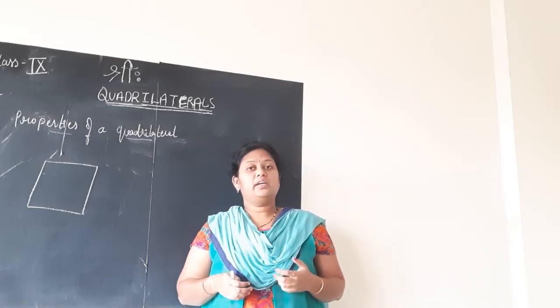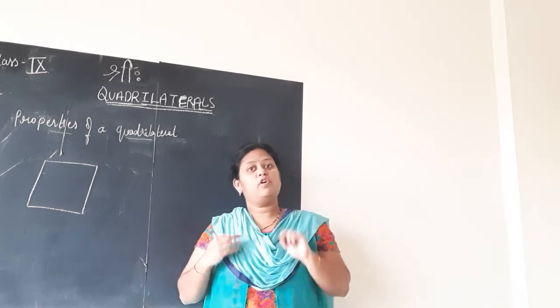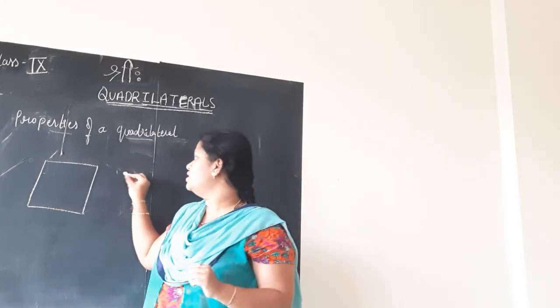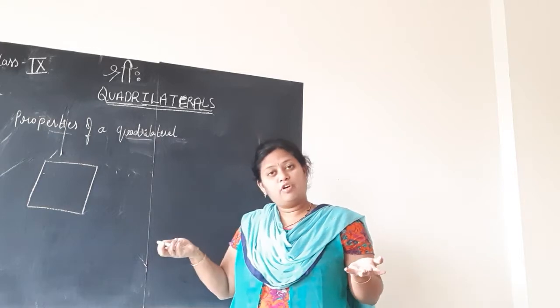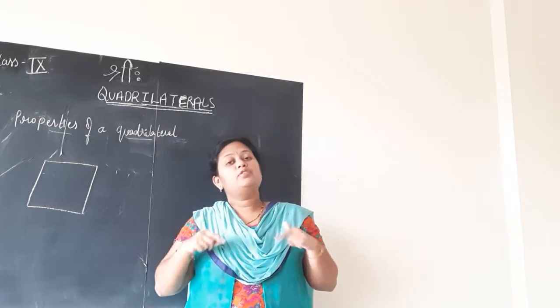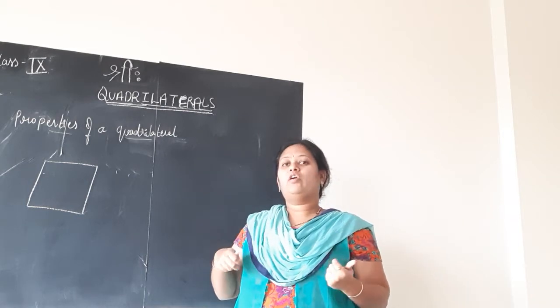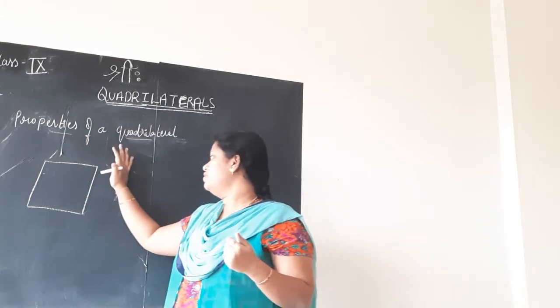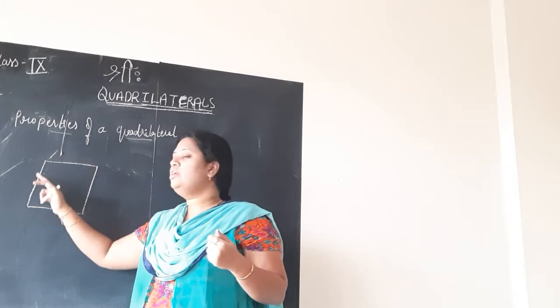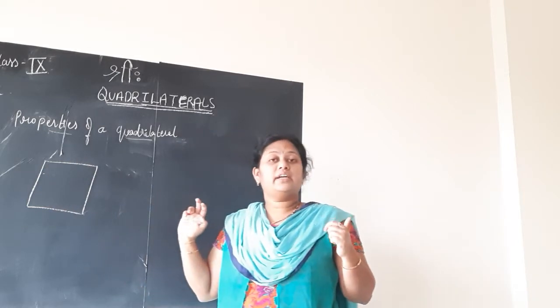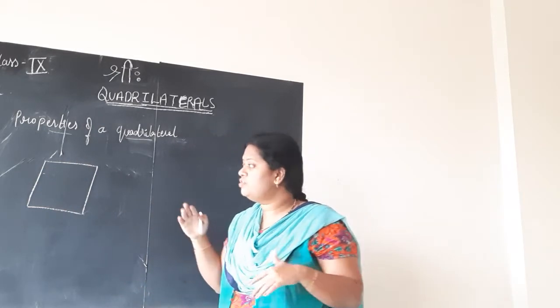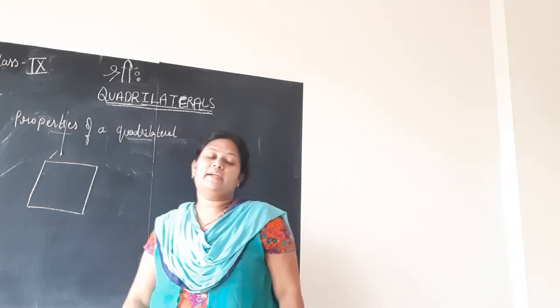We understood that if 3 out of 4 points are collinear, when you join those points, what you obtain is a triangle. If the 4 points are not collinear, then when you join them, what you get is a closed figure, and it is called a quadrilateral.